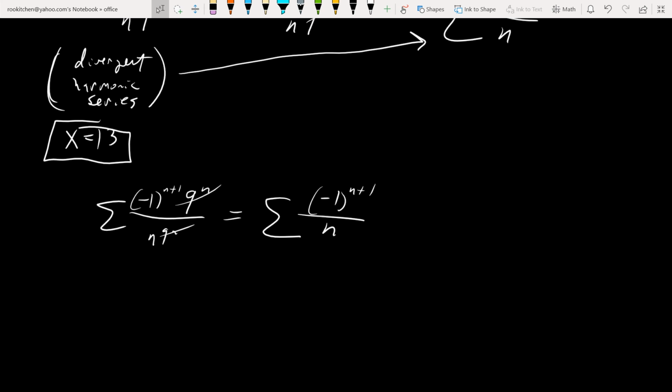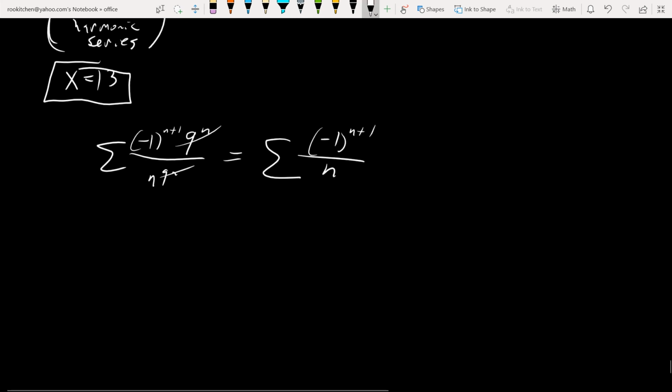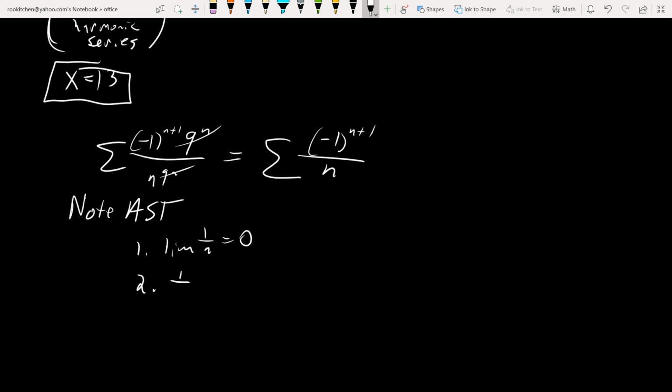all over n. Okay. This is an alternating series, so I have to do the alternating series test. So note, first, the limit of 1 over n is 0, and then secondly, the ratio of a sub n plus 1 and a sub n is n all over n plus 1, which is definitely less than 1, so therefore it's decreasing, and therefore these two things imply it's convergent.